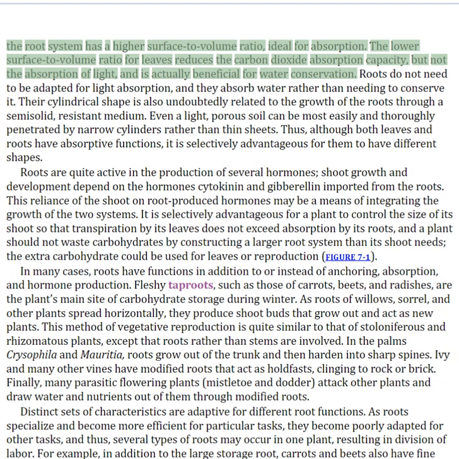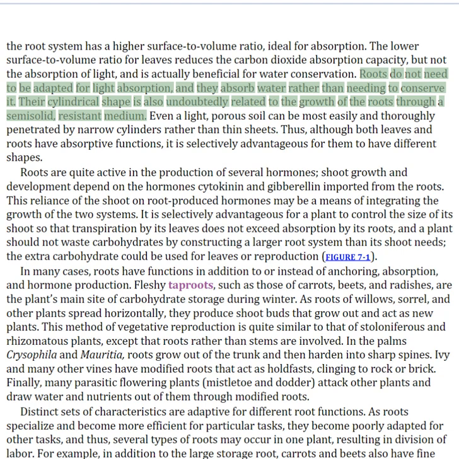The lower surface-to-volume ratio for leaves reduces the carbon dioxide absorption capacity, but not the absorption of light, and is actually beneficial for water conservation. Roots do not need to be adapted for light absorption, and they absorb water rather than needing to conserve it. Their cylindrical shape is also undoubtedly related to the growth of the roots through a semi-solid, resistant medium.